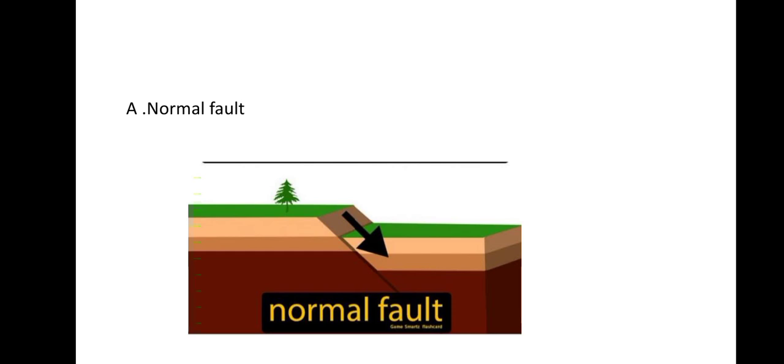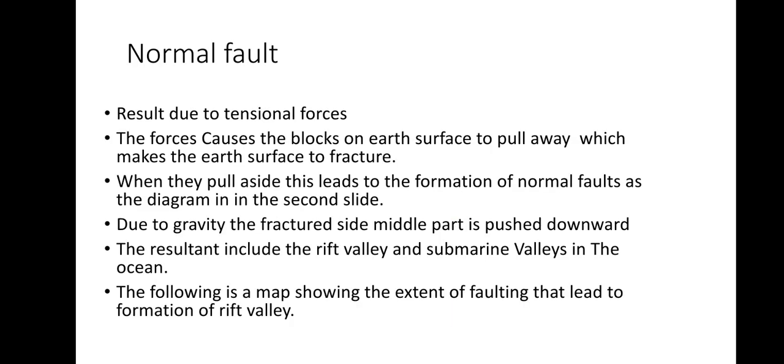The resultant feature formed by this process is the famous Rift Valley, which we know, and there are submarine valleys. The submarine valleys are those under the ocean, the oceanic plate. And the Rift Valley is what we can see, a feature that we can see with our eyes.